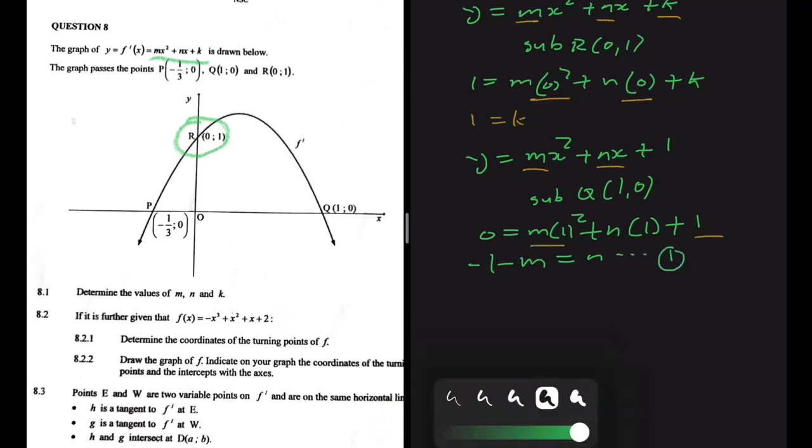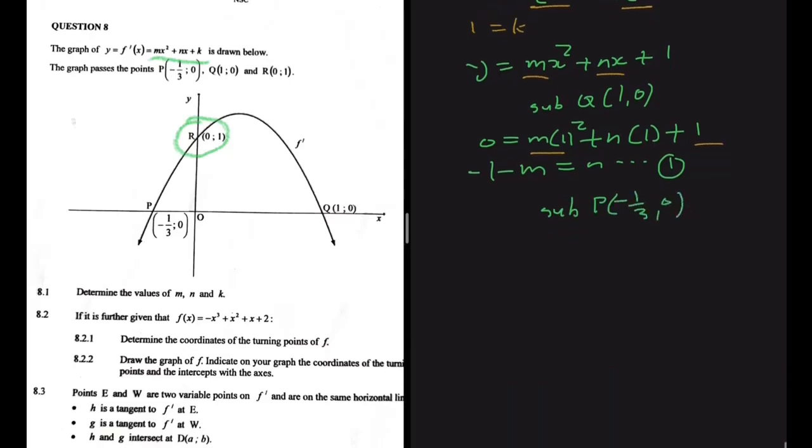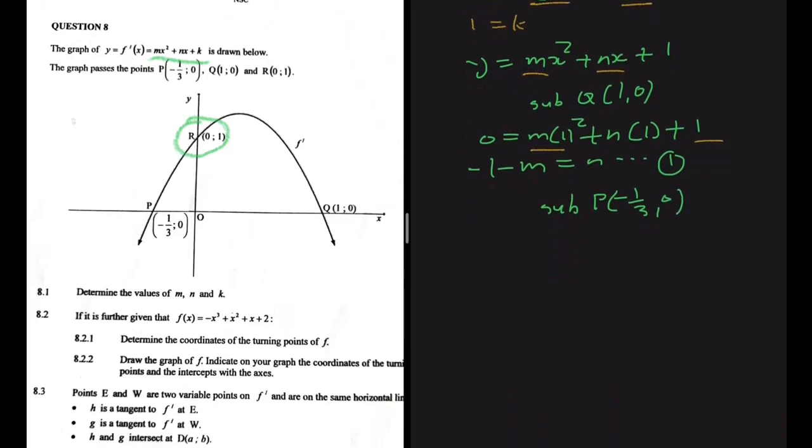From here we can substitute our point P, which is (minus 1 divided by 3, 0), into our equation, right? The y value is 0, so we get 0 equals m multiplied by (minus 1 divided by 3) squared plus n multiplied by (minus 1 divided by 3) plus 1, right?